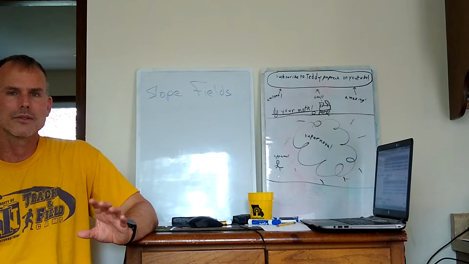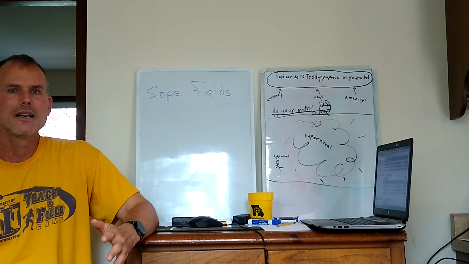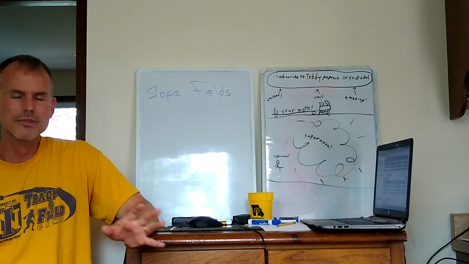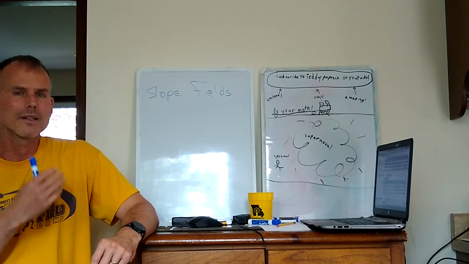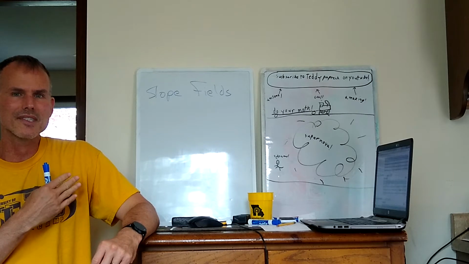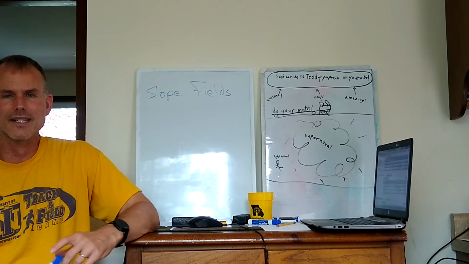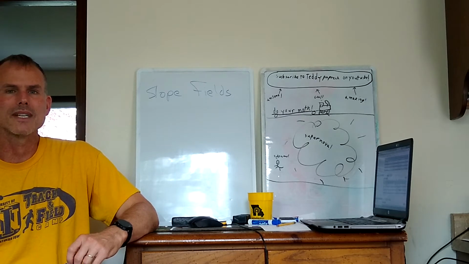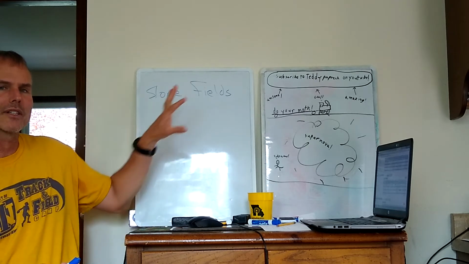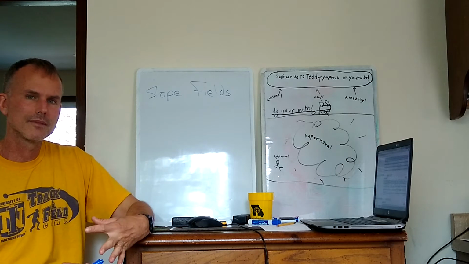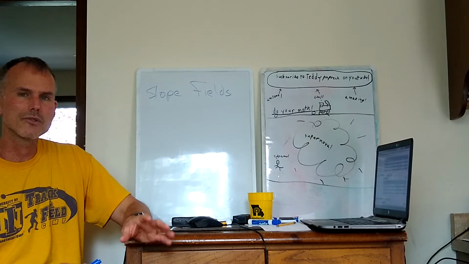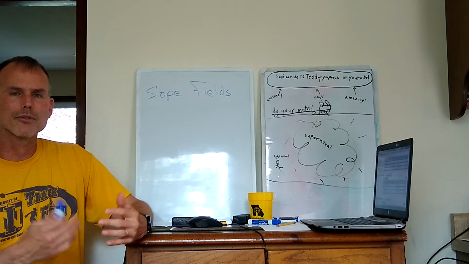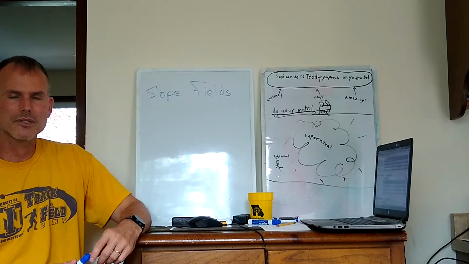We learned how to algebraically come up with a general solution and a particular solution. A slope field is a graphical representation of the general solution, and once you have it, you can use it to find a graphical representation of a particular solution to a differential equation.